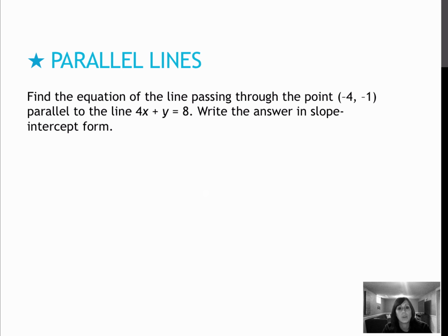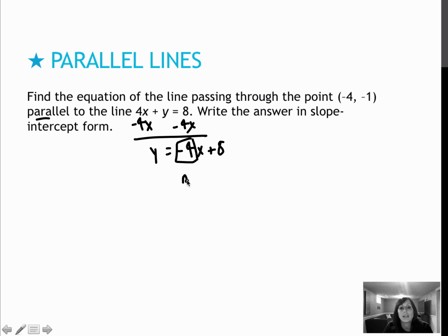Try this one on your own, then press play to see how you did. Again, my equation that we are given, we're trying to find the one parallel to that. When I rearrange that equation, I find that my slope of the existing line is -4.